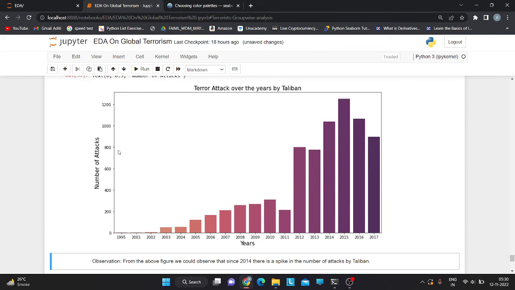So if we plot from 1995, the attacks made by Taliban have increased from 2013, more specifically after 2011. After 2011, the Taliban attacks have increased exponentially. So it's growing. 2015 is the year with the most attacks by Taliban.